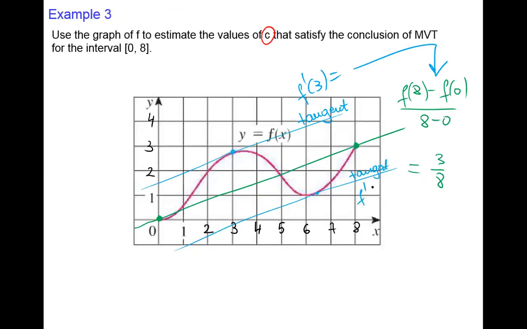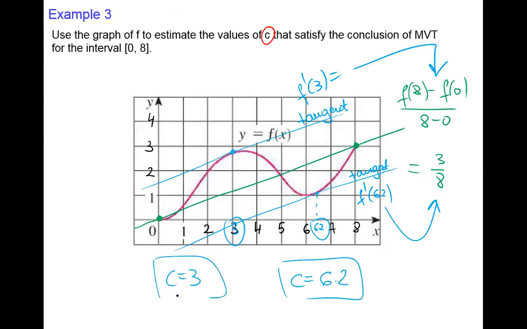The value of the derivative at 6.2 is 3 over 8, the same. That's the idea. Yes, you did figure out the value C, which is 3 and 6.2. Of course, we don't really appreciate it at the moment, but it's quite a powerful tool. Okay, let's keep moving.